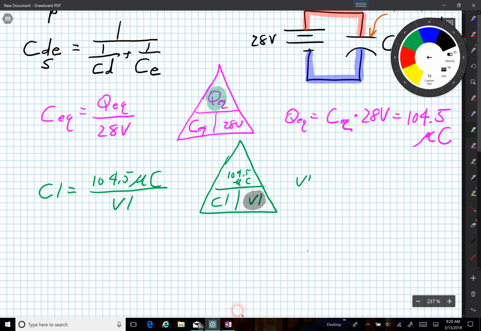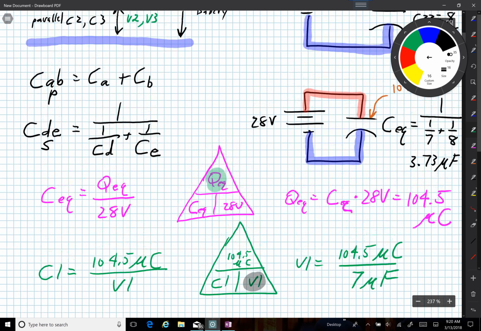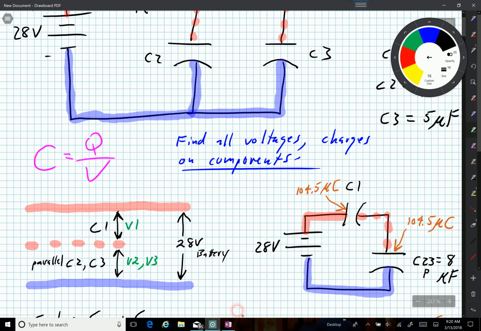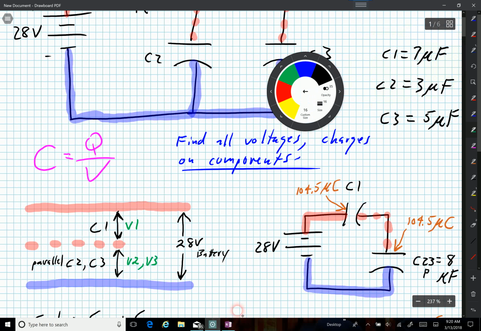I'm going to say V1 equals 104.5 microcoulombs divided by C1, and C1 was 7 microfarads. Let me check that. I think I remember that correctly. C1 is 7 microfarads. That's exactly right. That's what we had up here.